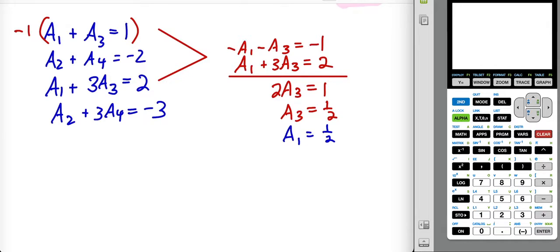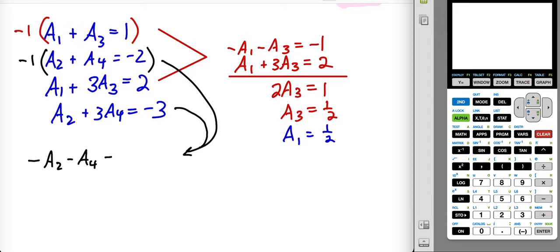Oh yeah, I see. a2, a4. Let's negate this one. Let's just do it this way. Got there eventually. Equals 2. And a2 plus 3a4 is equal to negative 3.